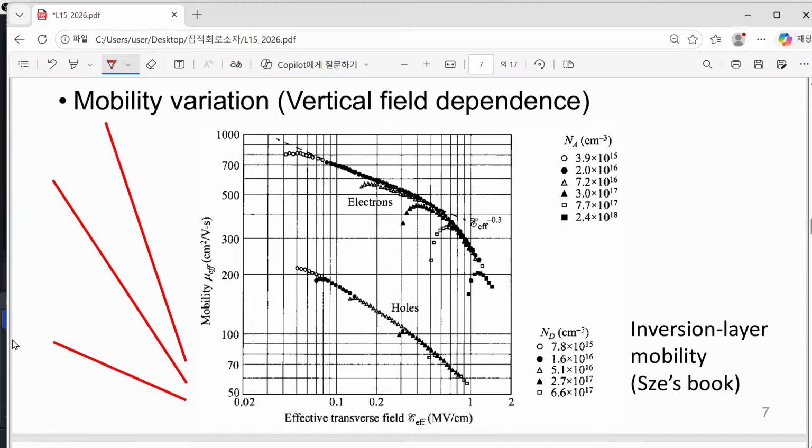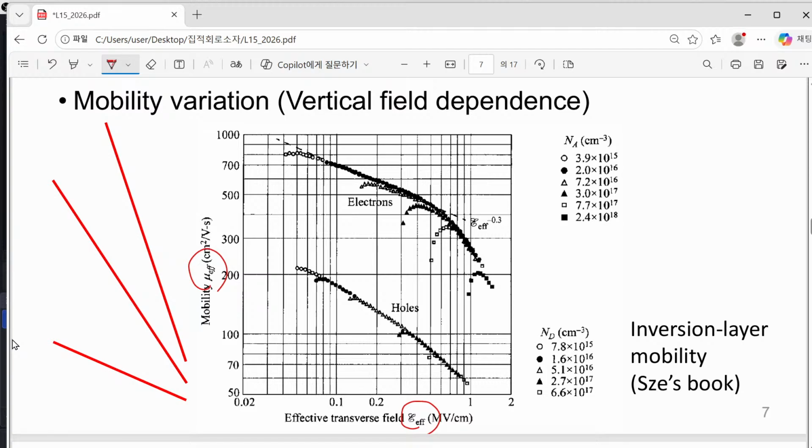This is a really famous result, and here we have the effective electric field, and here we have the effective mobility. As we have discussed, if we have a high electric field, electrons are pushed back to the silicon dioxide interface, and it is expected that mobility decreases quite rapidly.